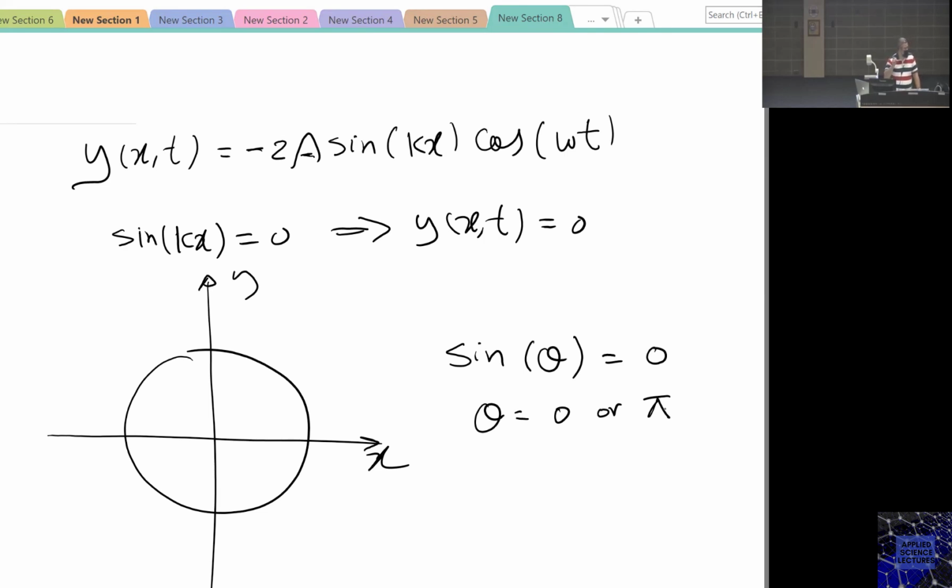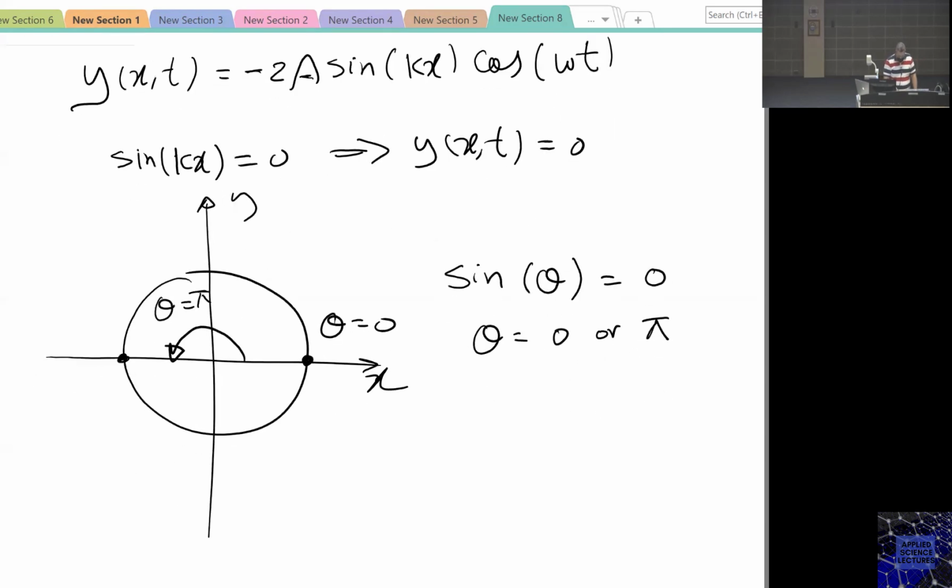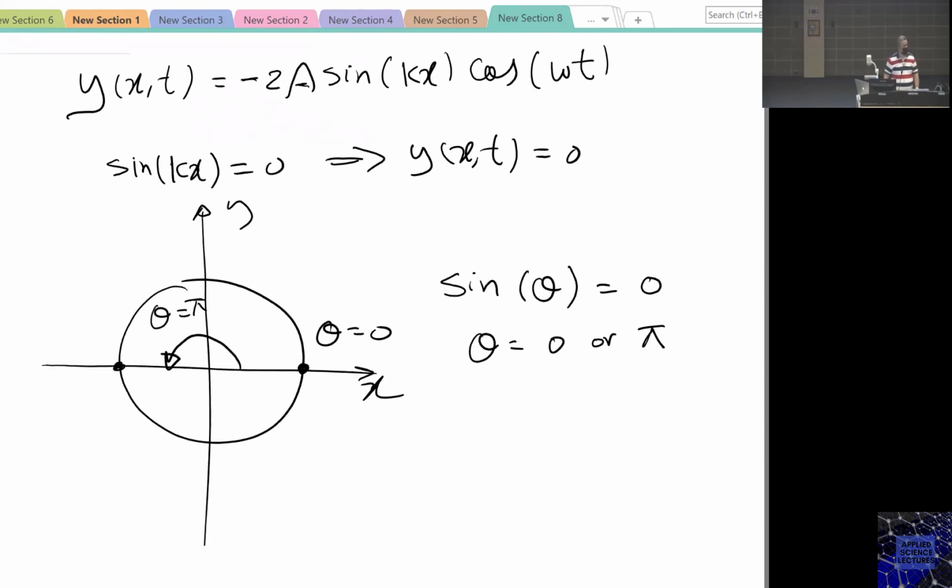Sine theta equals 0 means theta is either 0 or pi. So let me start with 0. This is theta equals 0. And this is theta equals pi. In both phases, I have sine to be 0. Fine. So this is only for those two phases.